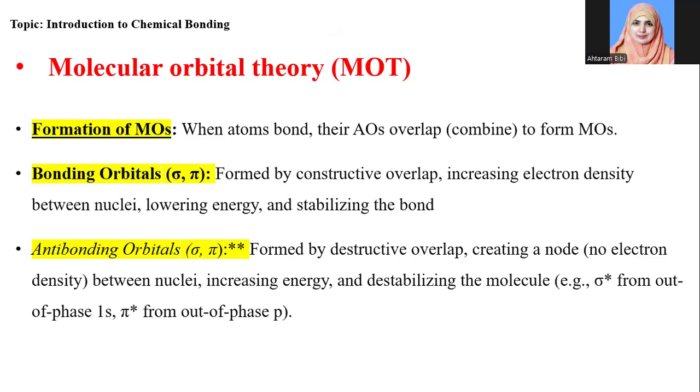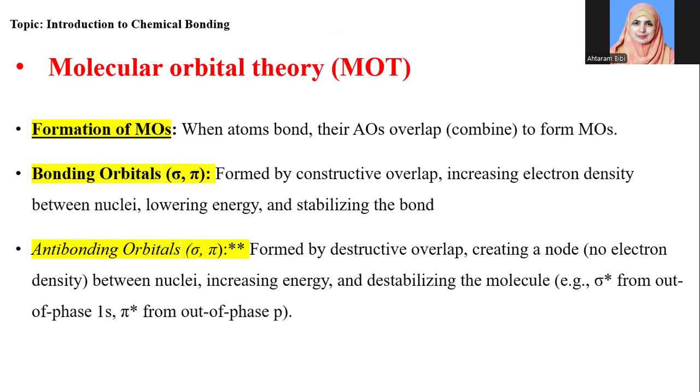The anti-bonding orbital will also be formed, and that anti-bonding orbital may be sigma anti-bonding orbital or pi anti-bonding orbital. They are formed by destructive overlap, creating a node, with no electron density between the nuclei, increasing energy and destabilizing the molecule.